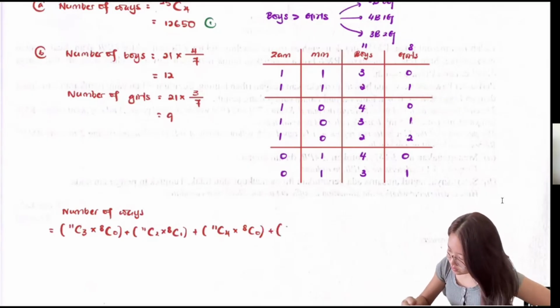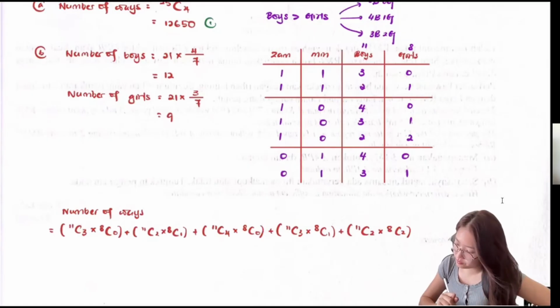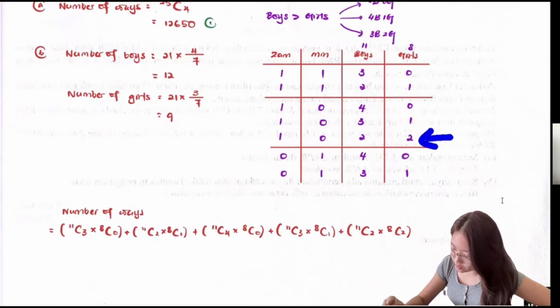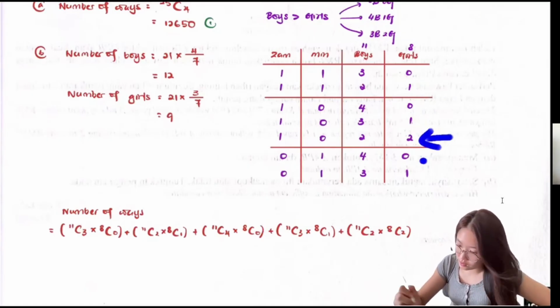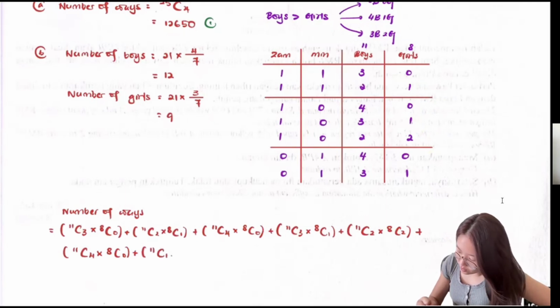Then next one is 11C3, 8C1. 11C2, 8C2. Okay, this one here. Now we go to this one. Plus 11C4, 8C0. And then 11C3, 8C1.